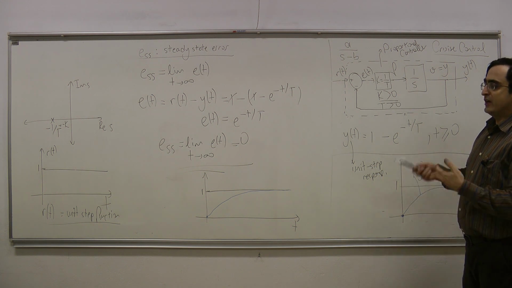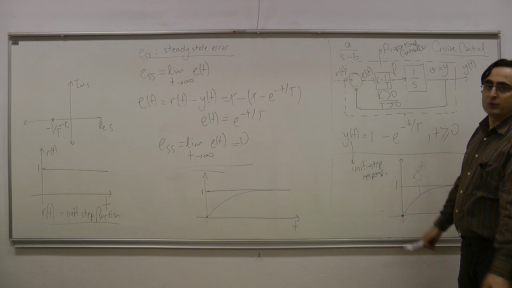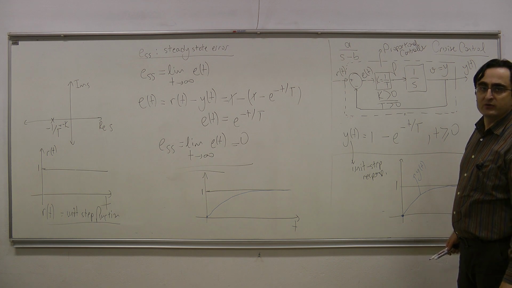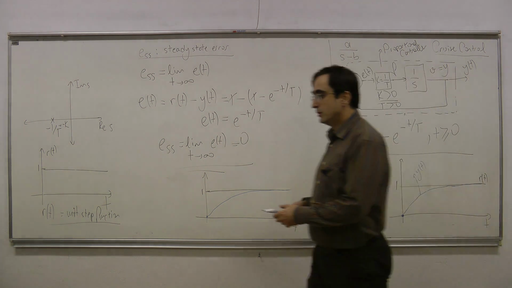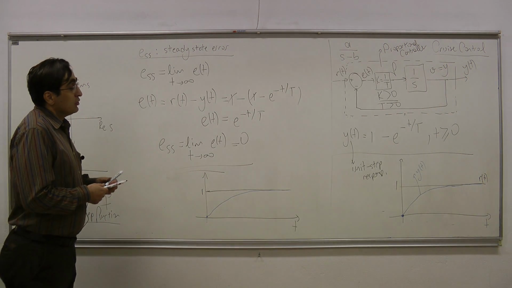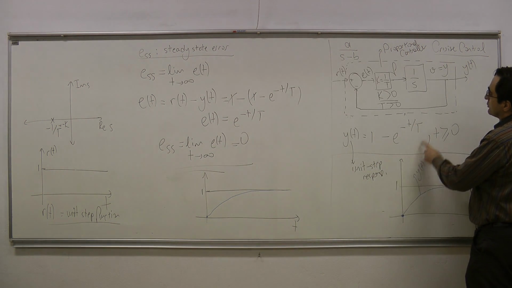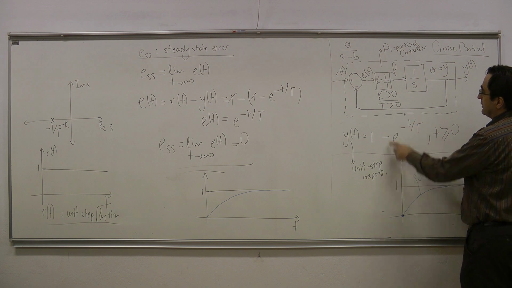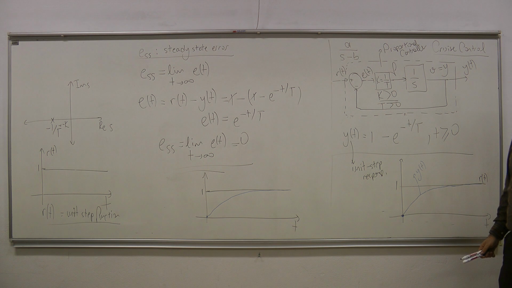And by changing T, we might get a better response, or we might get a worse response. So we might ask which T value is better for us. Okay? Let us try to understand this. So if I make T larger, then what would happen to this exponential? If I make T larger, is this exponential going to decay faster or slower?